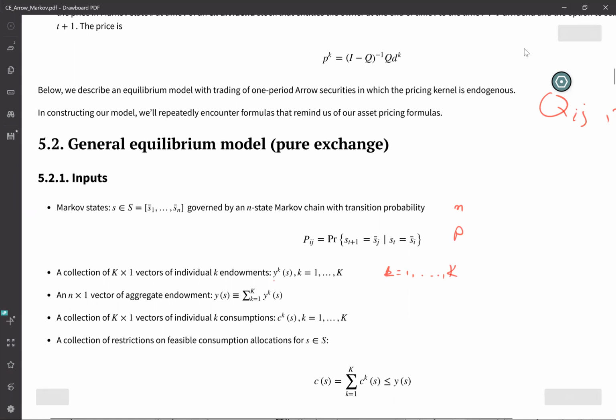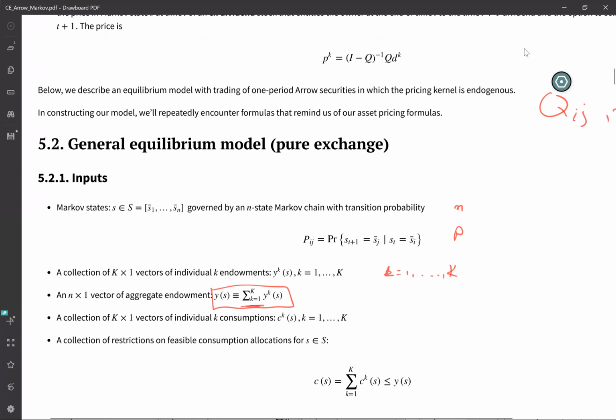Person number k has this endowment vector across states. So the endowment depends on the state of the kth person. If we add up all the endowments across people, we get this aggregate endowment. So it's that aggregate endowment that the economic arrangement is going to allocate in every Markov state.